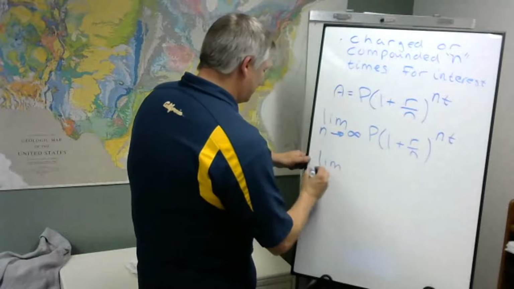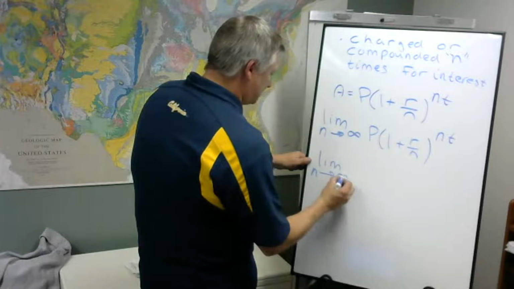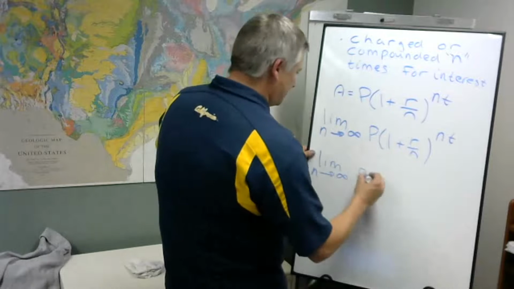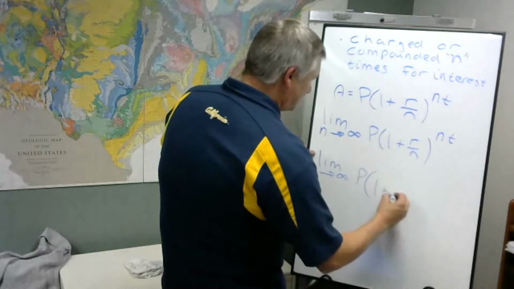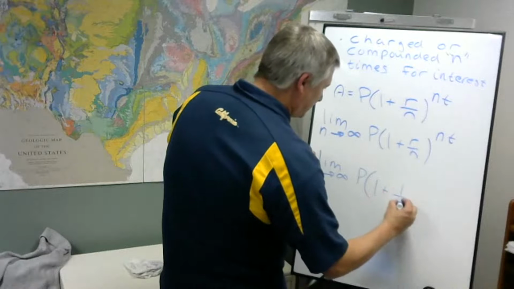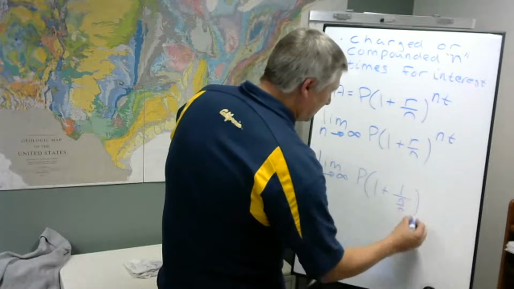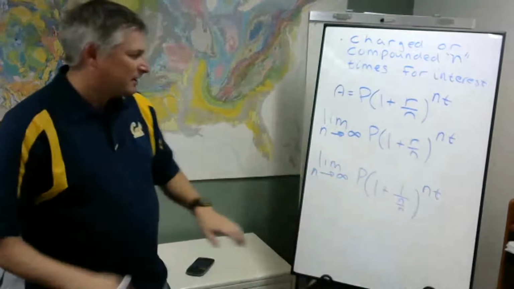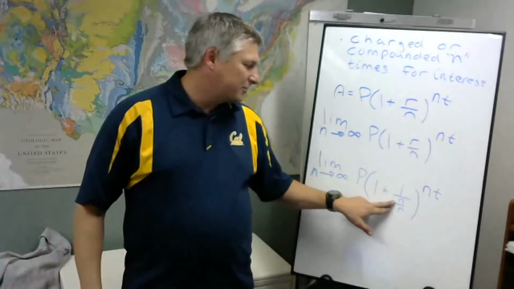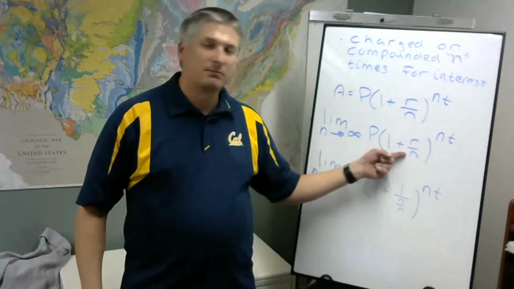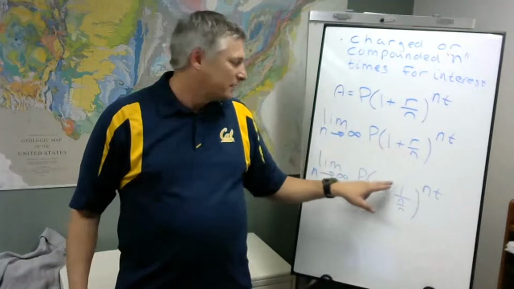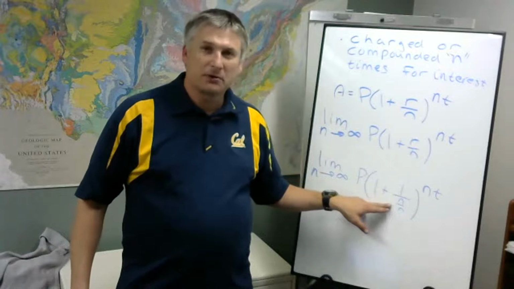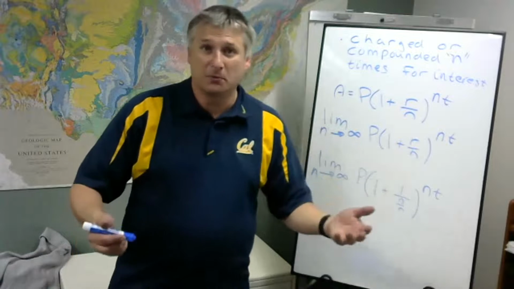With the limit as n goes to infinity, we're going to rewrite this as 1 over n over R, like so. Because if you take 1 divided by a fraction, that just flips that fraction back over. Sort of a trick, like say 1 divided by 2/3 is 3 over 2.